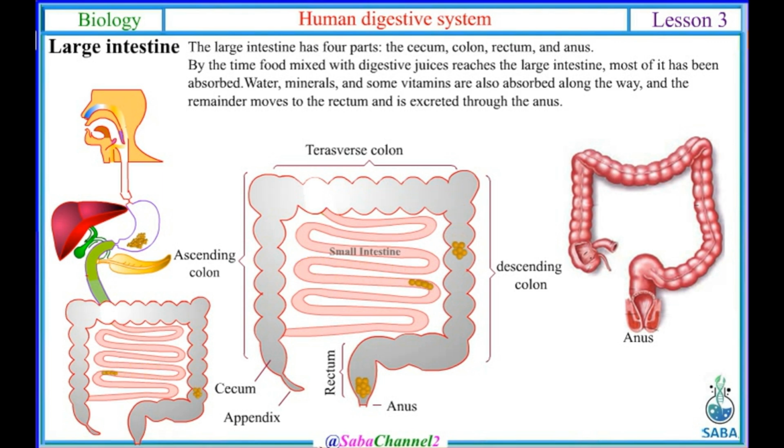The large intestine is wider and shorter than the small intestine. The colon also houses beneficial bacteria that help break down certain fibers and produce vitamins like vitamin K. The waste is then stored in the rectum until it's eliminated through the anus.